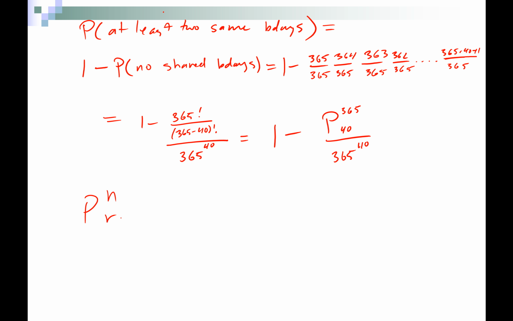Permutation in R, sometimes it's written like that, sometimes it's written like this, sometimes it's written as your calculator, your Texas Instruments probably writes it like this. This is going to be n factorial divided by n minus r factorial.